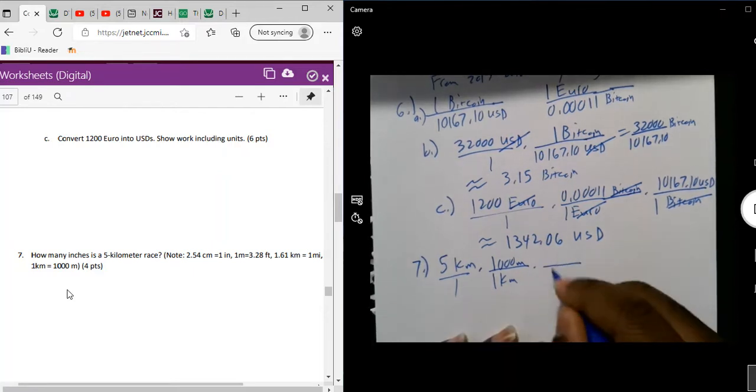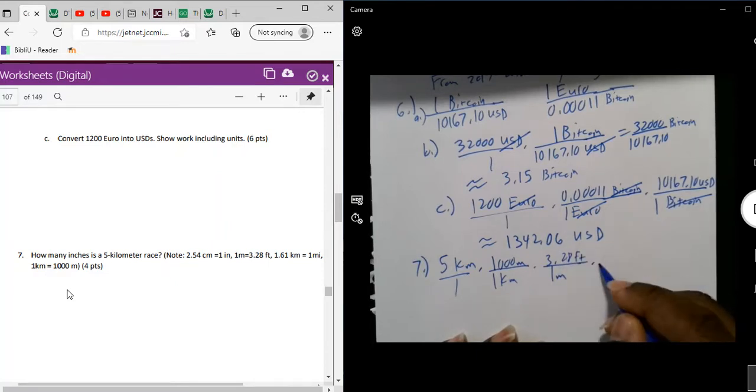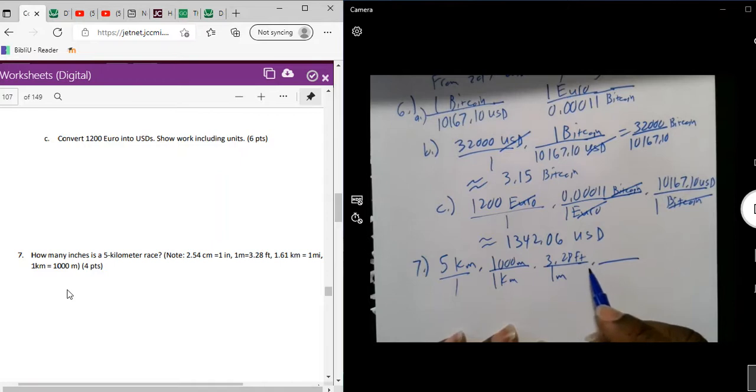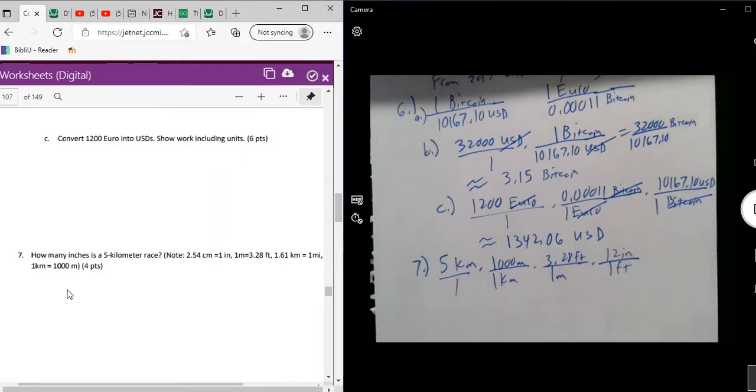So 1 meter is equal to 3.28 feet. And then last but not least, 1 foot is 12 inches. So we didn't need the miles and all that other stuff. This was all that we needed here.